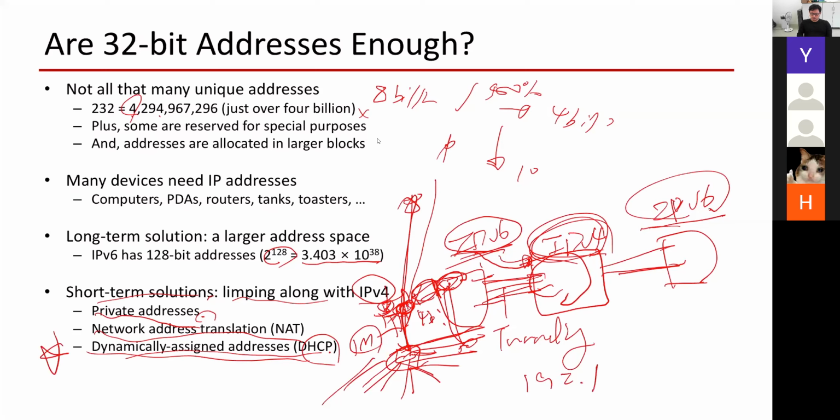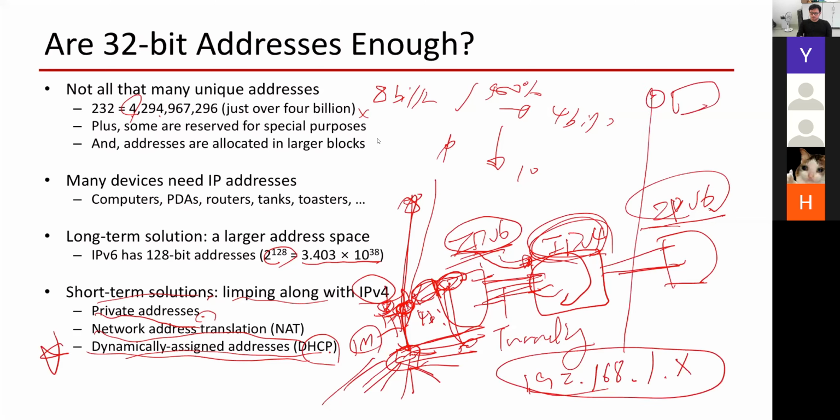192.168.1.something is DHCP, basic DHCP. So above that, there's one IP address for the institute. SUNY Korea has about 10 to 30 IP addresses, and they maintain thousands of devices. How are they using it? We don't use IPv6.